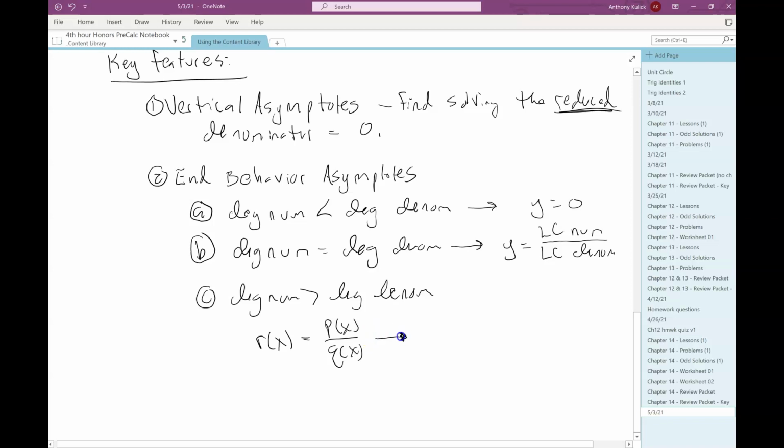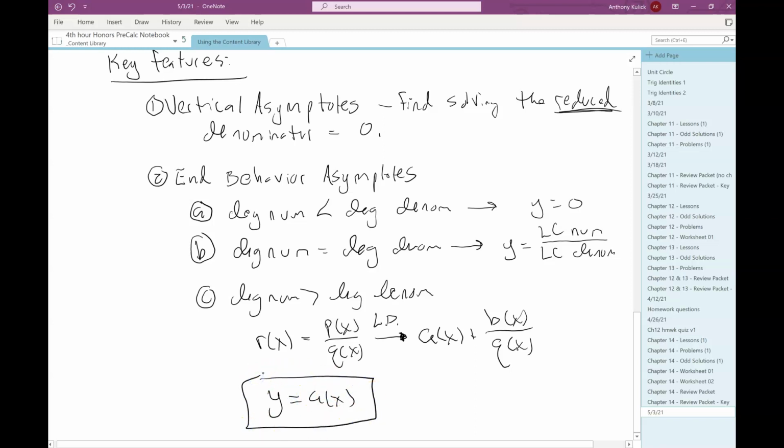So we're going to do our long division to write this in the form here. And then our end behavior asymptote is the function y equals a of x.